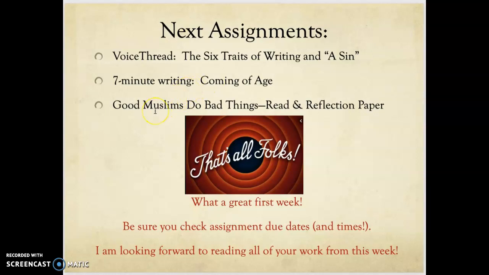And then you have a paper due. This is a reflection paper based on the essay Good Muslims Do Bad Things Too. You're going to read this, and then write a reflection paper, and have that in the assignment folder by Friday at noon.